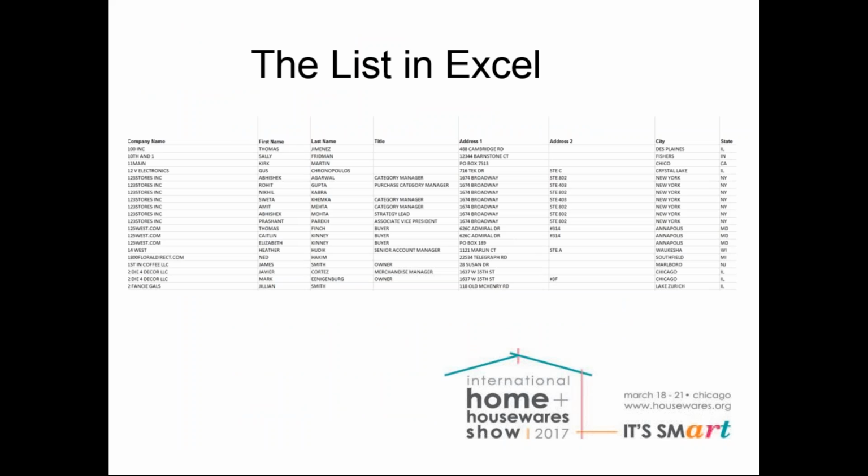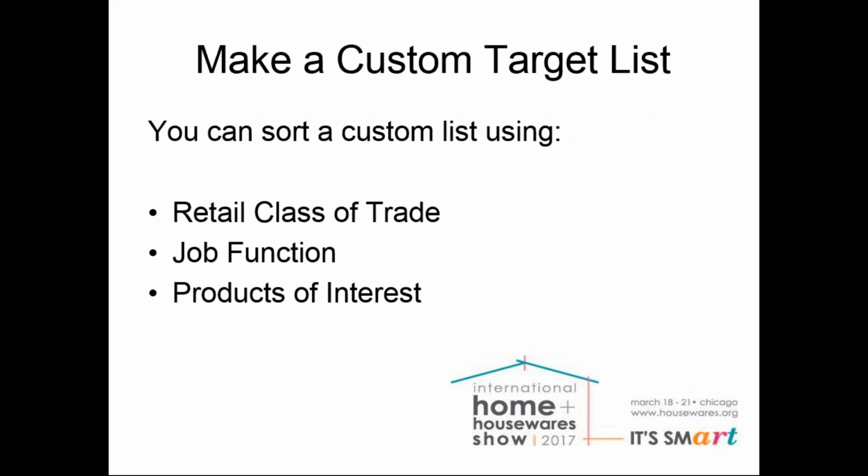So when you download, this happens to be a screenshot of the U.S. buyer list. When you download the list, it's going to be in Excel, and it's going to look as you see it on the screen. And it is much wider than this. But among the things that you'll be able to do with this list have to do with things that are to the right of the screen that you can see now.